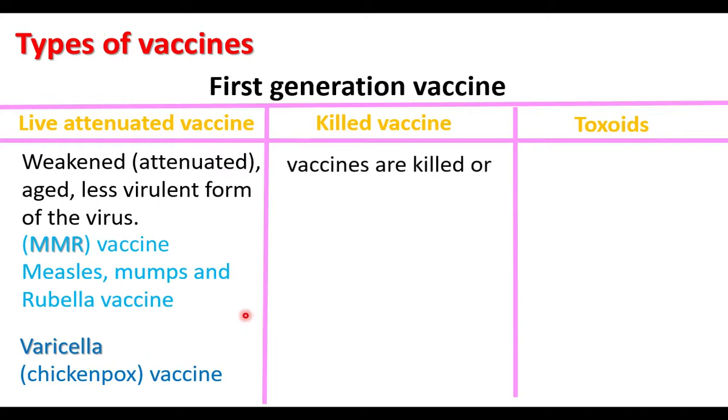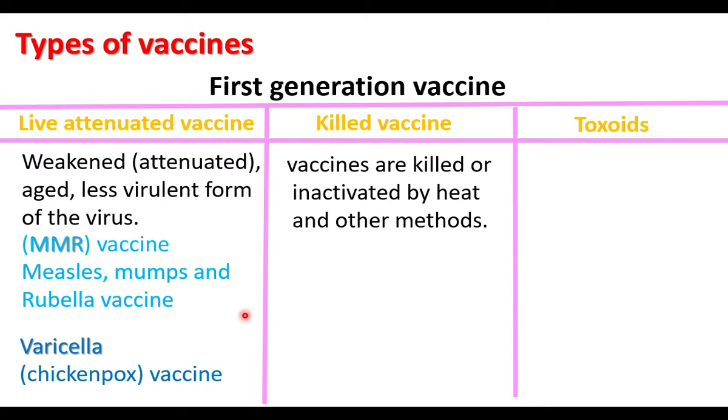Killed vaccines are safe. Here the microorganisms are killed or inactivated by heat and other methods, but there may be a need for booster vaccination. Example, Salk's polio vaccine. Here Salk is the name of the person.